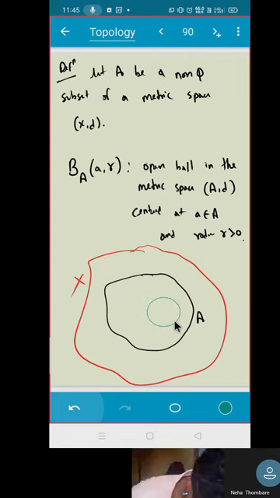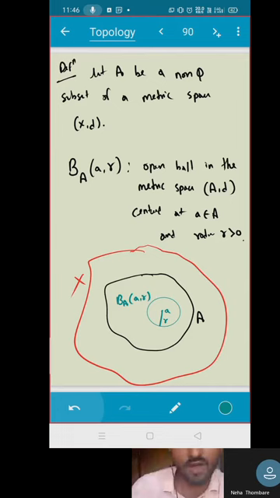So this thing is called B_A(a, r). If you take the radius, it is r. So this guy is called B_A(a, r). Just like we have defined induced distance, correct? So you can call it an induced open ball. Is that clear?